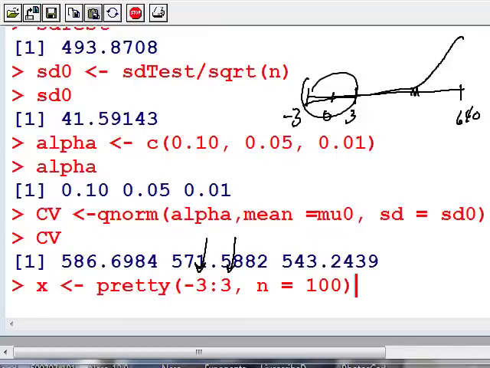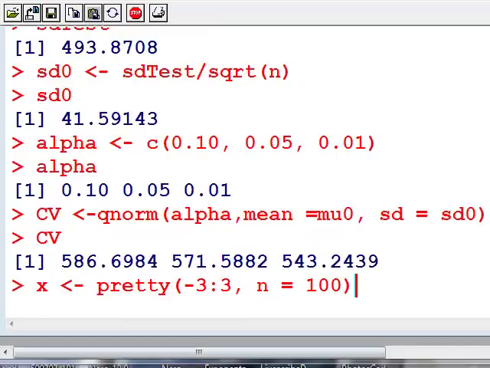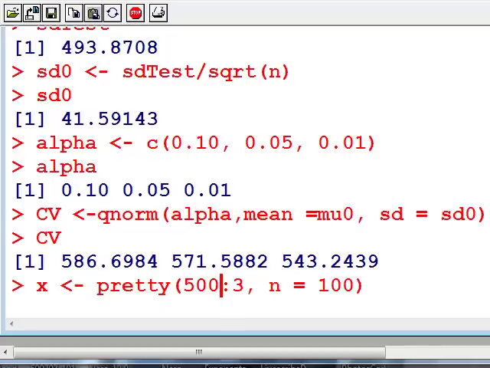So instead of this command, if I can still use 100 points, the smallest number is going to be 500, and the greatest number, let's go a little bit over, say 600. Also in R, the command pretty, you're sort of giving R permission to fix it up any way it wants.